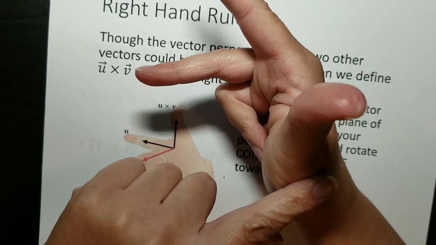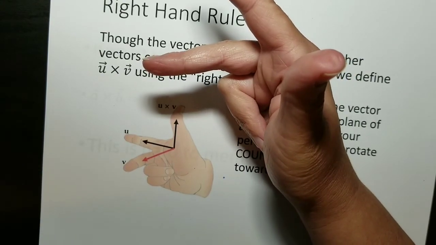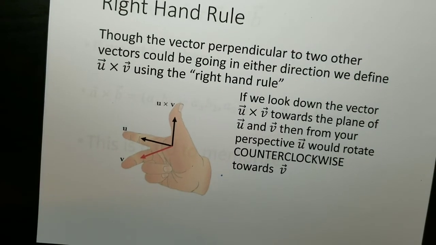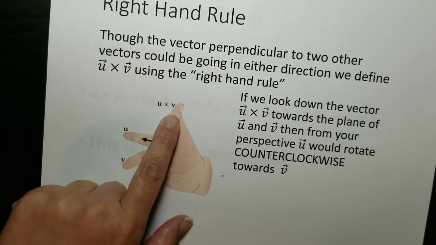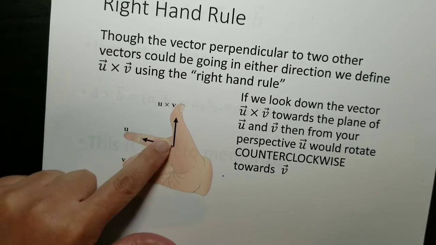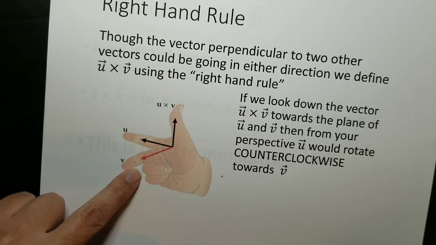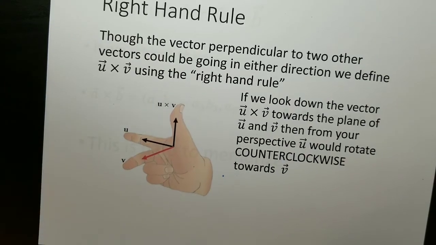This will come more in our discussion when we talk about applications of the cross product. But the way we chose our k value ends up giving us this vector that, if you have u going counterclockwise towards v, the u cross v would go up from there.